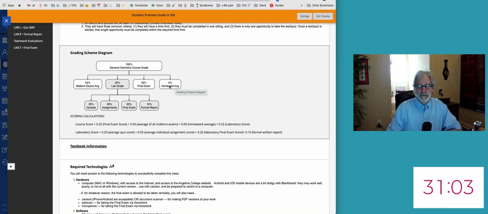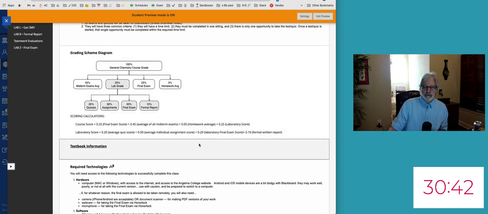And those 4 components are going to be weighted, and then those are going to comprise the 100%. Now the lab grade itself, which is 25%, in and of itself has 4 components shown here, and there's the weightings. So you can see at a quick glance the grading scheme for the course.